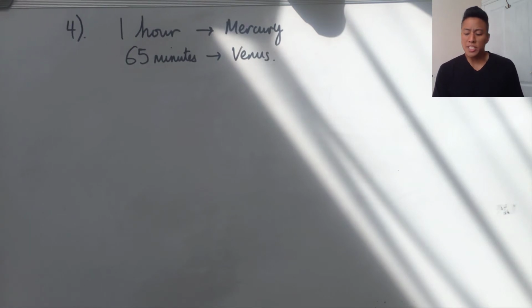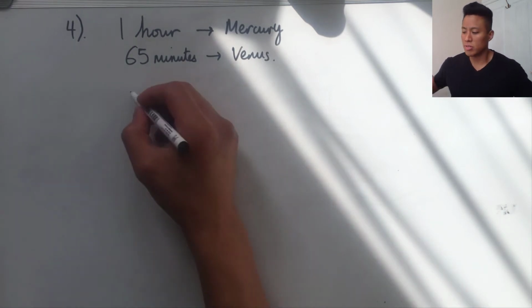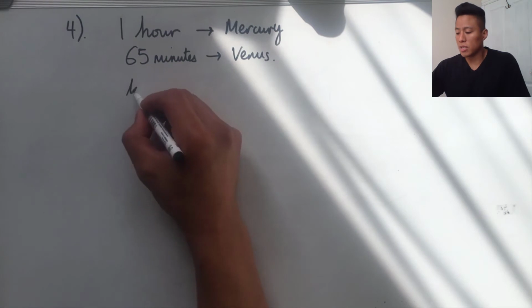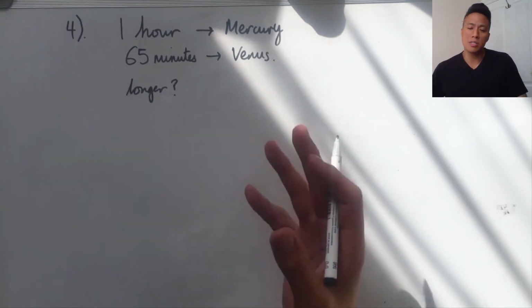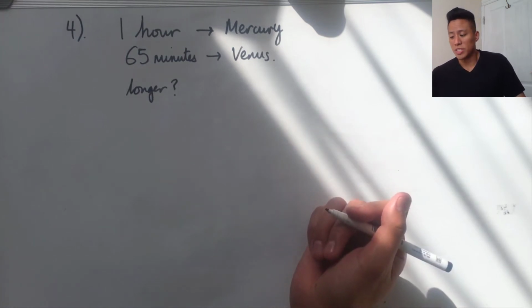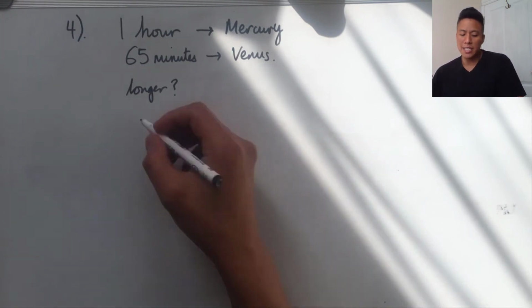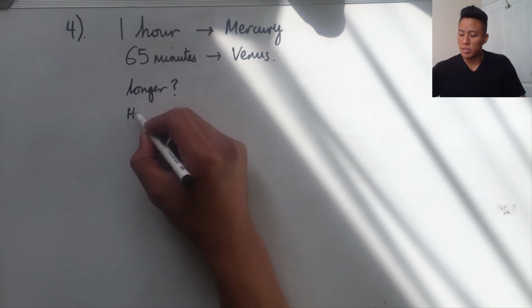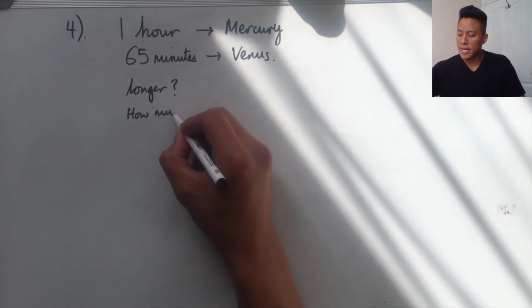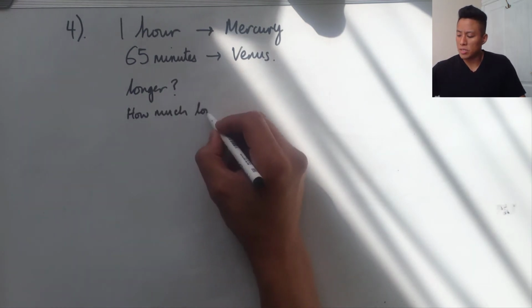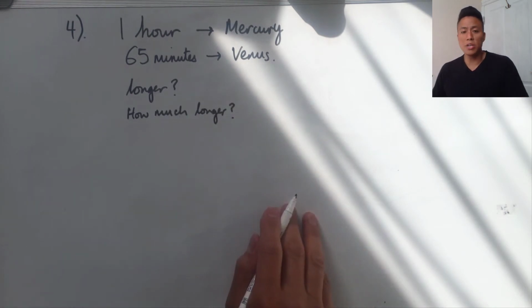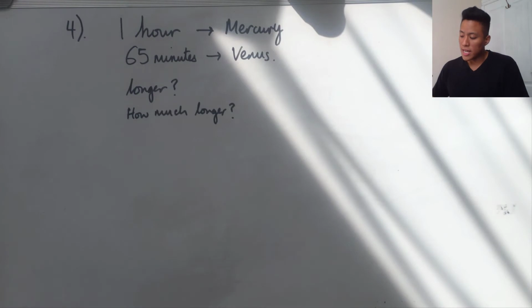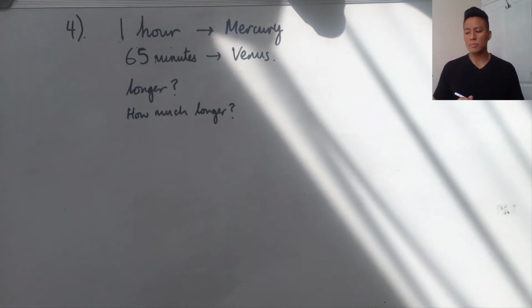Now, which trip takes longer? So that's our question. I'm just going to write the word longer with a question mark to know that I'm thinking about which one takes longer and how much longer. So 2 questions. Which one is longer, and how much longer?